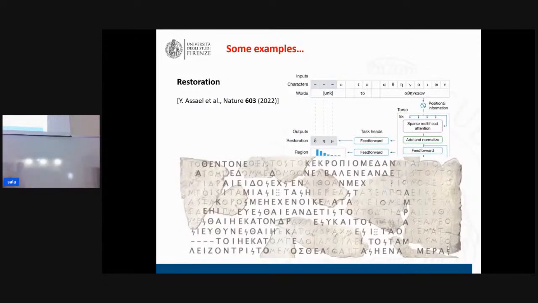Another interesting topic, especially given some of the things that we have talked about today, is conservation and restoration. For example, this is an example from a paper of last year in Nature, which did completion on these Greek tablets which had missing parts, a problem in conservation.